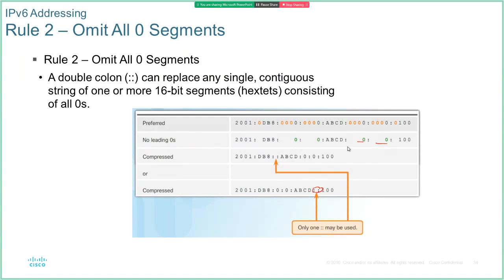You can only use this rule once, because if you used it more than once, we wouldn't know how many hextets were replaced. So we can use it either to represent these 2 hextets being replaced with the double colon, or we can use it in there. We can't use it twice.